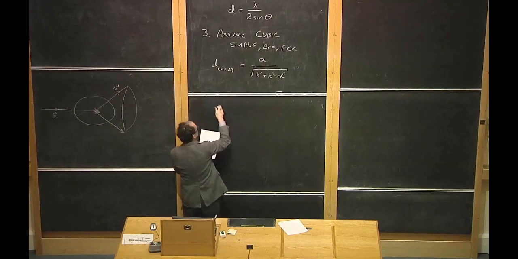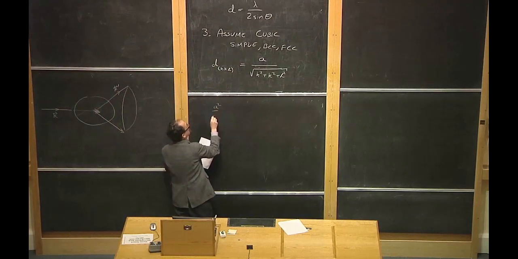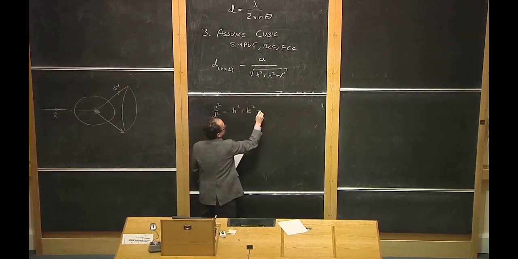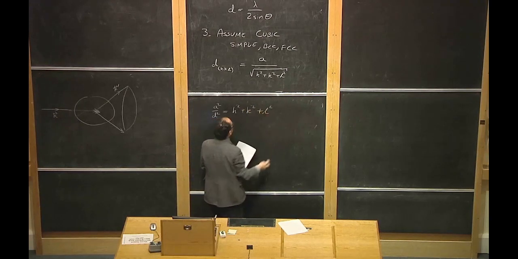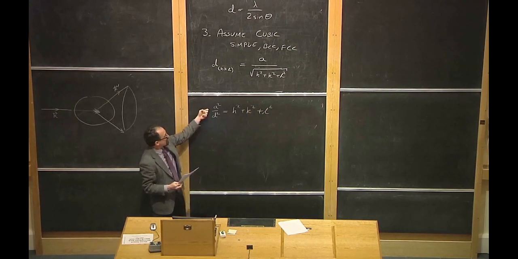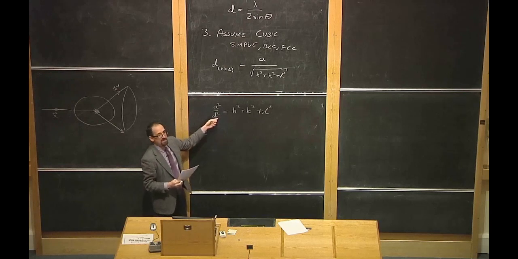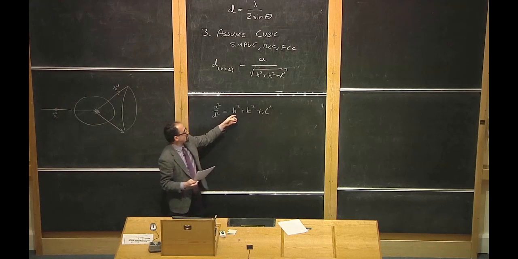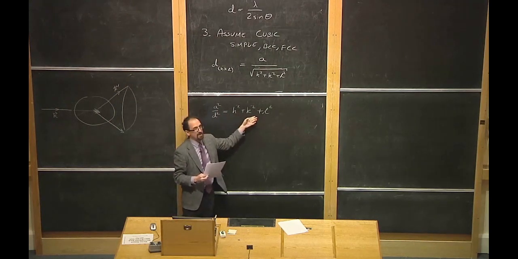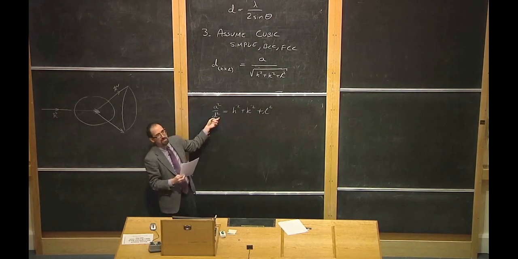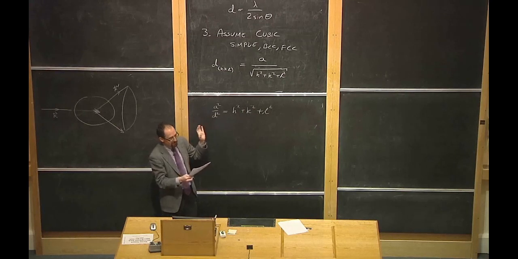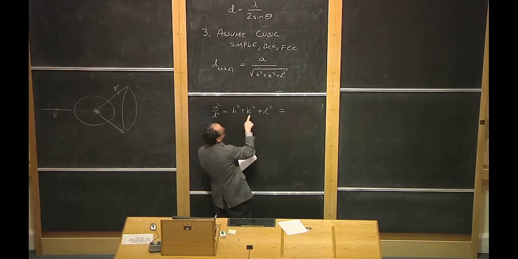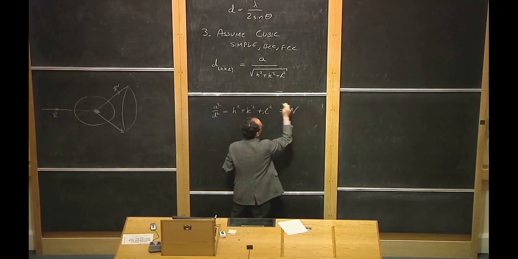That gives us that a squared over d squared is h squared plus k squared plus l squared. Now, we don't know what a is yet. We're going to try to figure it out. But we know a bunch of d's. So what is this going to tell us? The ratio of d's are going to be, these h, k's, and l's are integers. So the ratio of 1 over d squareds are going to be in integer ratios. Okay? So we're going to declare this quantity, h squared plus k squared plus l squared, we're going to call it n.